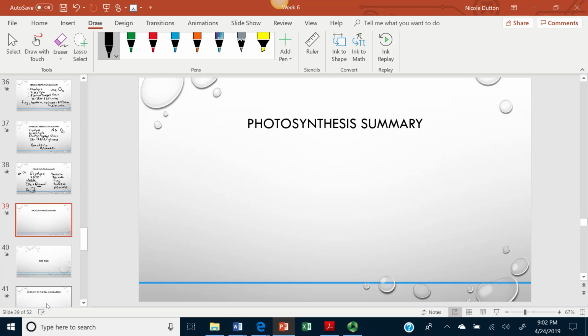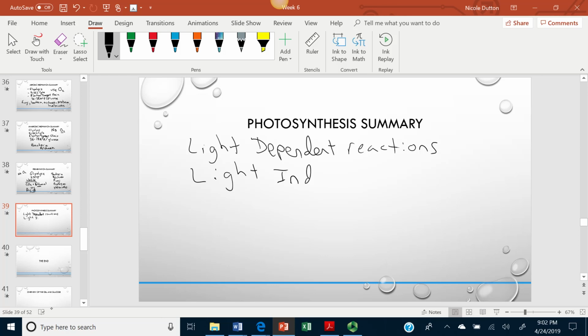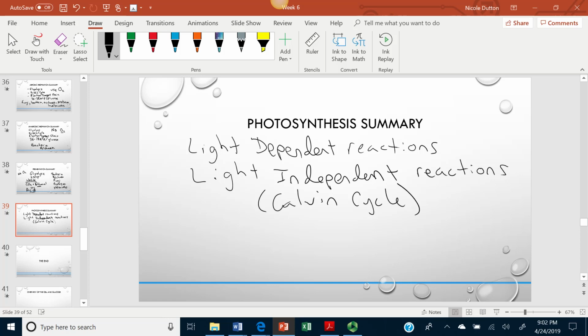Then we have photosynthesis. So in photosynthesis, you have the light-dependent reactions, the light-independent reactions, also known as the Calvin cycle, and your end product is food in the form of a sugar.